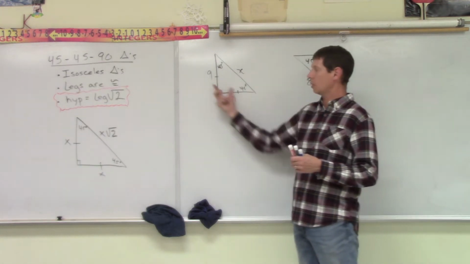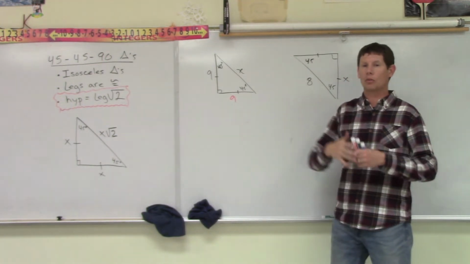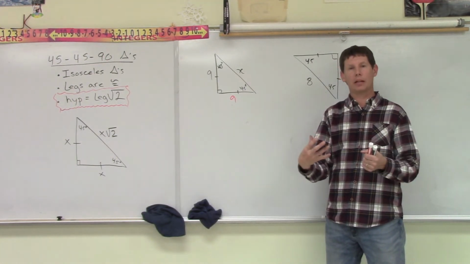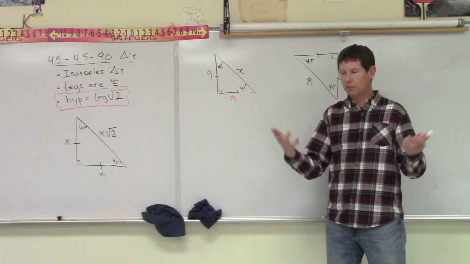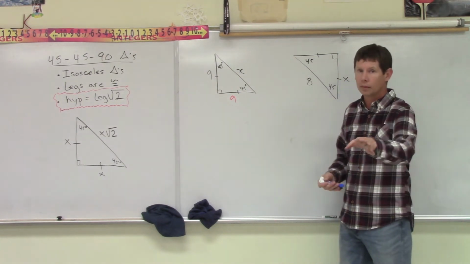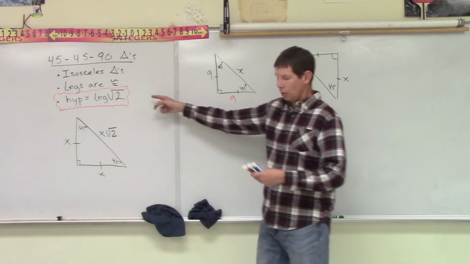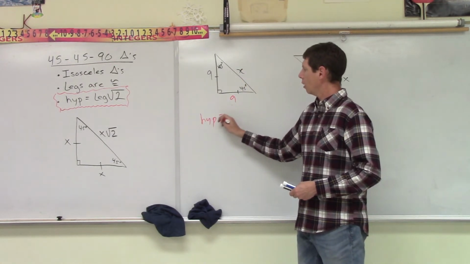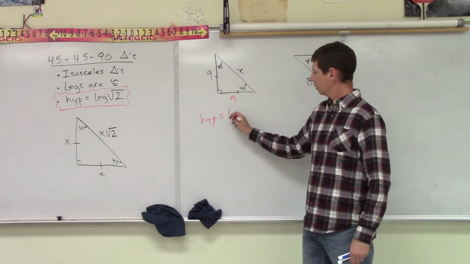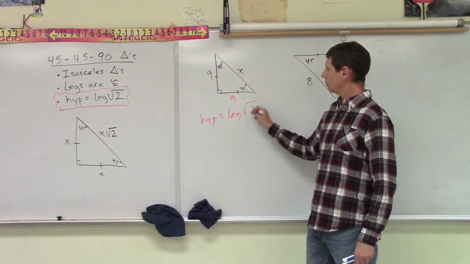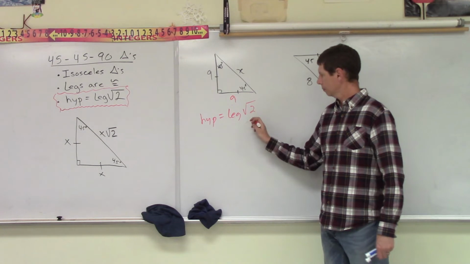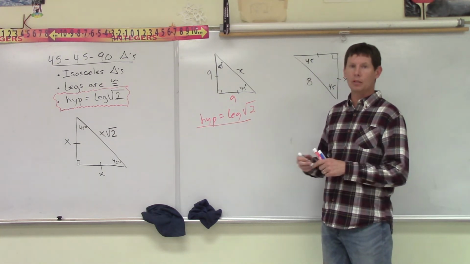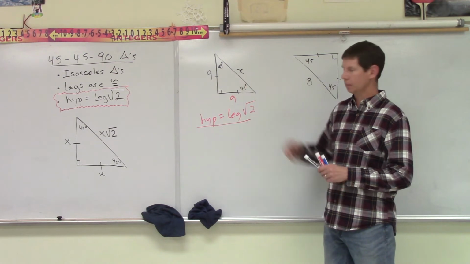Now, to figure out the third side, we can use the Pythagorean theorem. We could do 9 squared plus 9 squared equals the hypotenuse squared, square 9 and 9, take the square root of both sides, simplify the radical, and come up with the answer. Or we can use our rule that says our hypotenuse equals the length of the leg times the square root of 2. Check this out. Our hypotenuse, that's unknown.